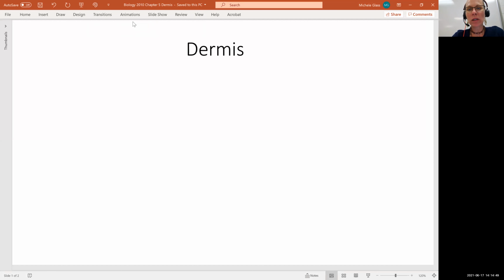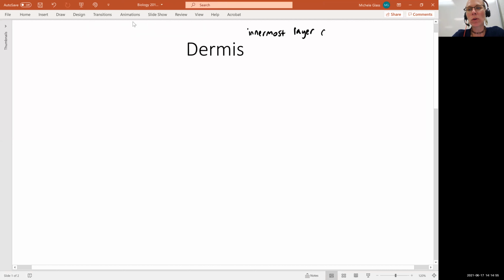We are continuing our discussion of the cutaneous membrane, looking specifically at the dermis. The dermis would be the innermost layer of the cutaneous membrane, which remember is our fancy name for skin. The dermis is going to be vascularized, meaning it has blood vessels.